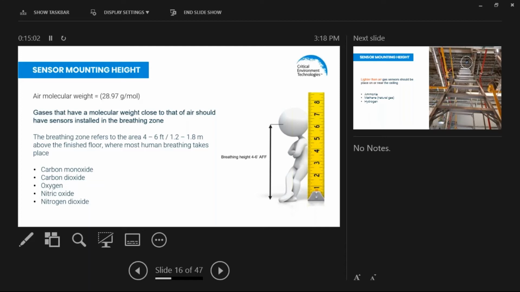So now, in a gas detection system, sensor mounting height plays a large part of how you're going to configure and install that system. So for instance, if you're monitoring toxic gases in the workplace, you're protecting humans.